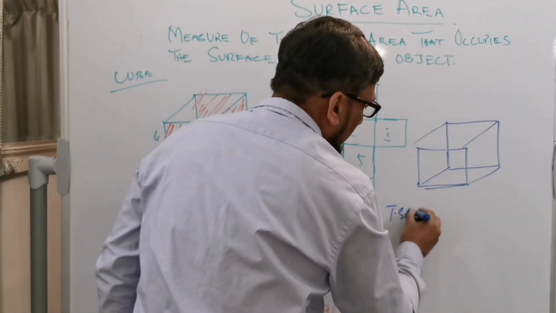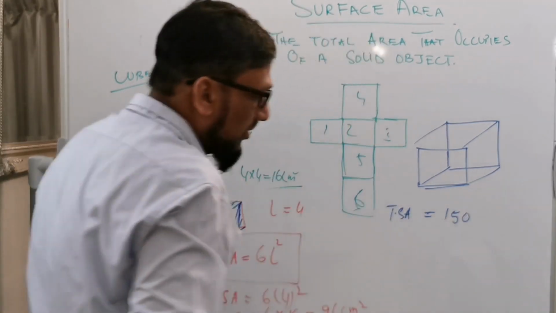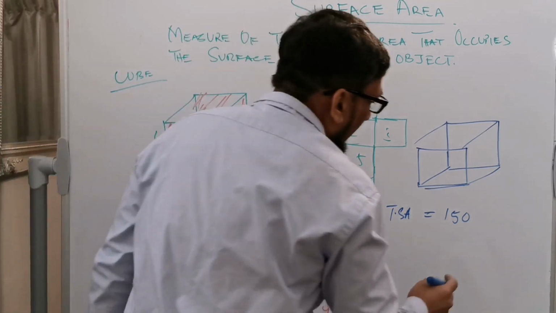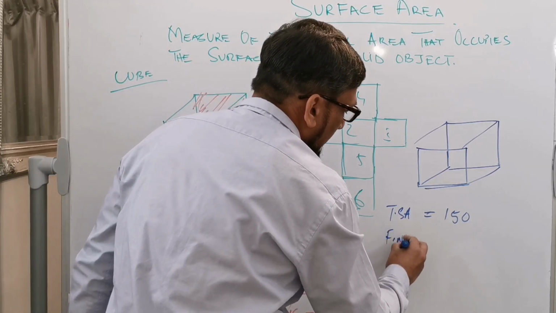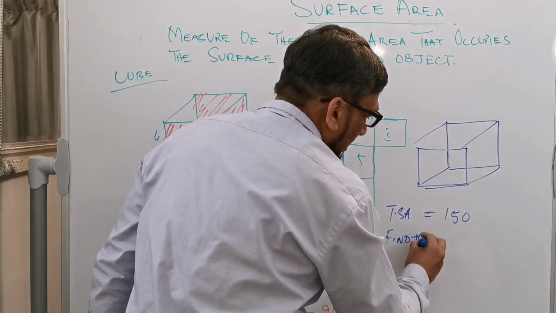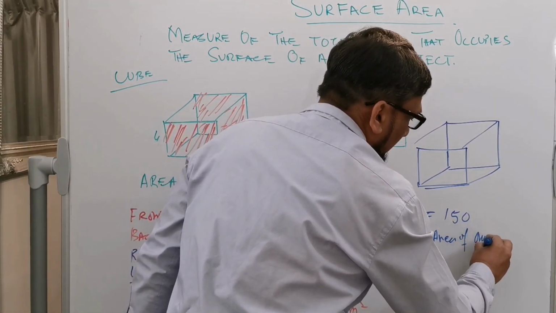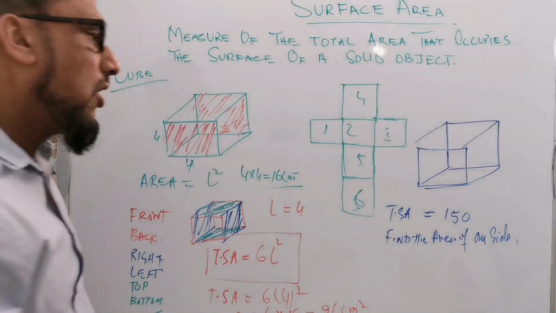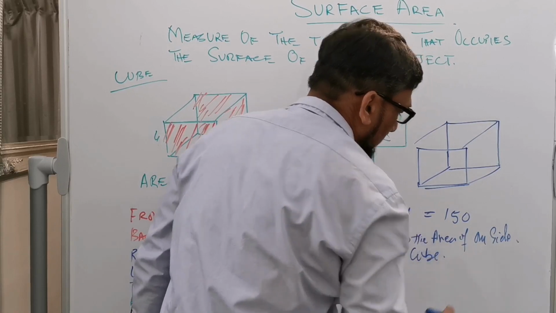The total surface area for the cube is 150. And find the area of one side of the cube.